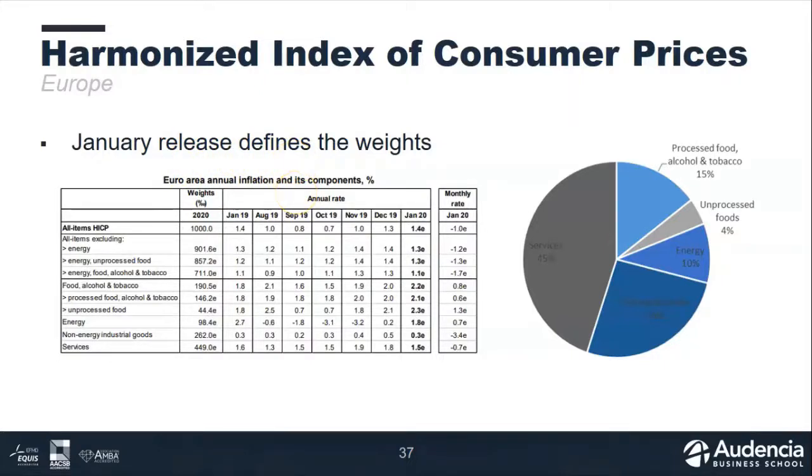So this is a nice statistic to get your hands on if you ever want to know, again, what goes in it and what's the weight of goods. Always look for the January release, and this is released monthly by Eurostat.